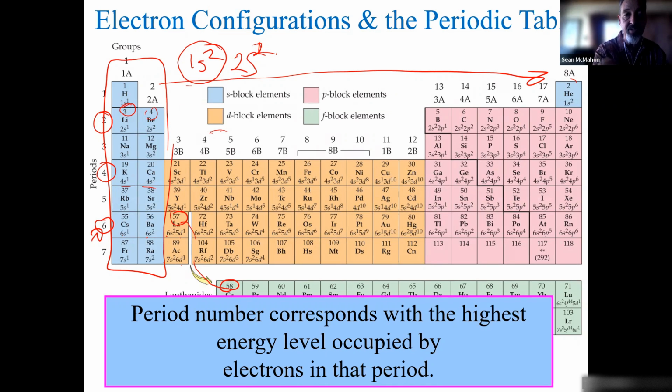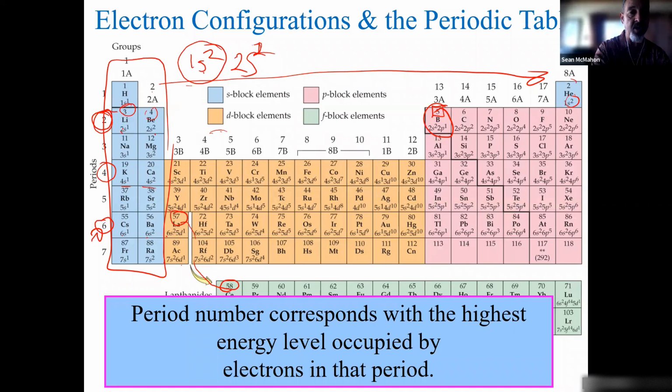Now, how do I know it's 2s2? It's in the second energy level. I first fill up the first, which only can have 2, and then I go 2s1, 2s2, because I'm in the second position. When I get to boron, I have a total of 5 electrons. Where do the first 2 go? Period 1, 1s2.